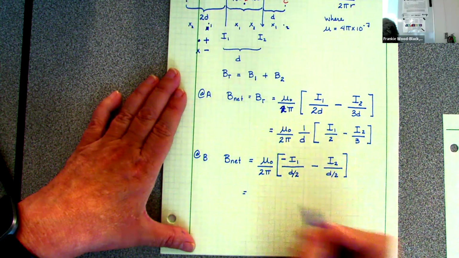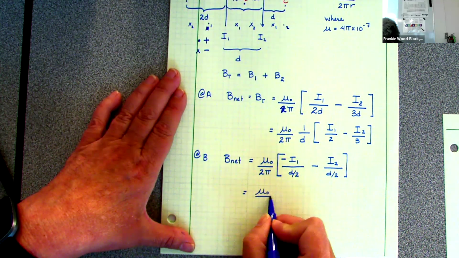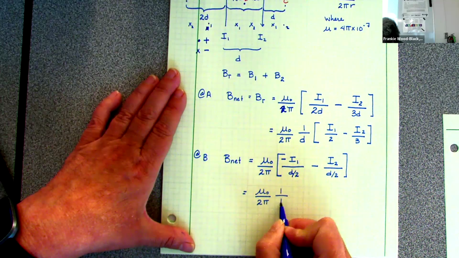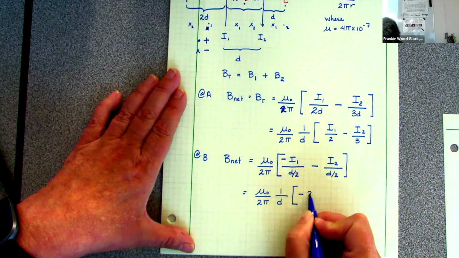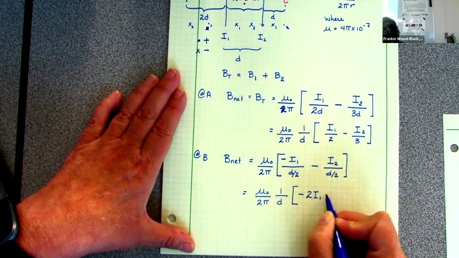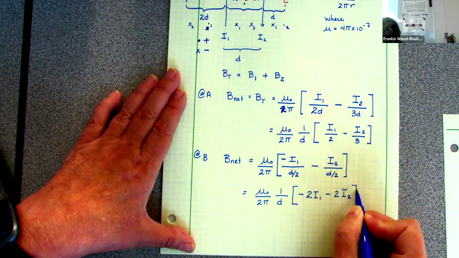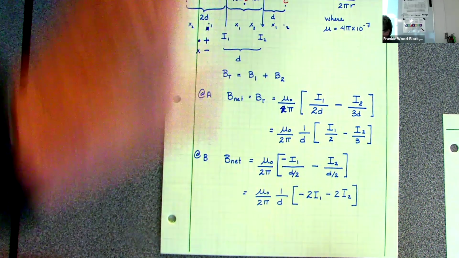So now we're going to get mu over 2 pi times 1 over d, and I have minus 2I1 minus 2I2, which I can simplify again.